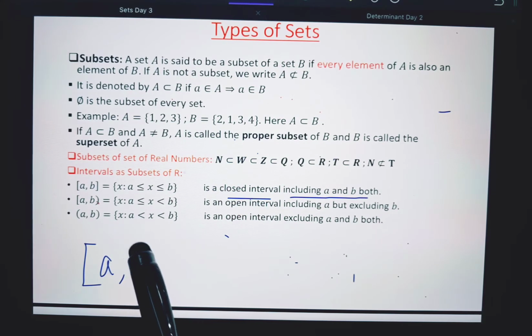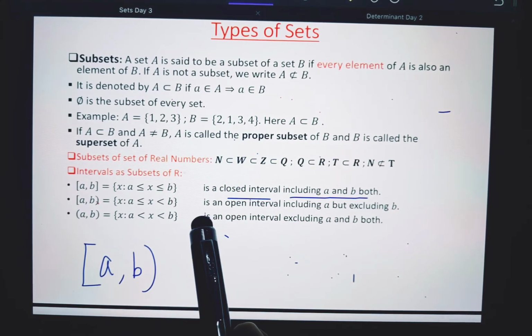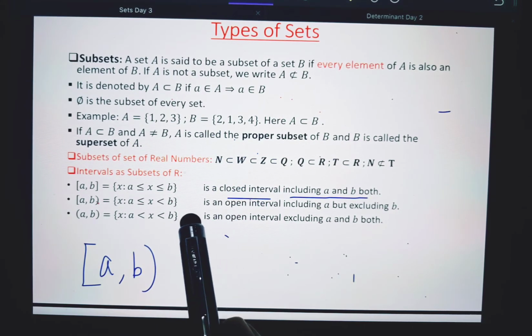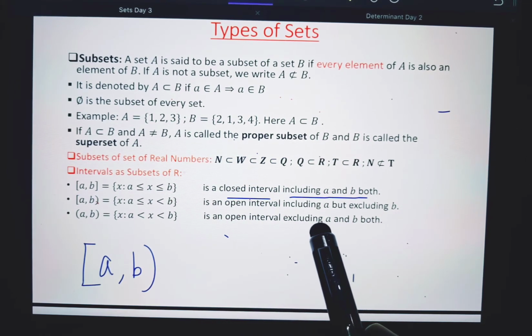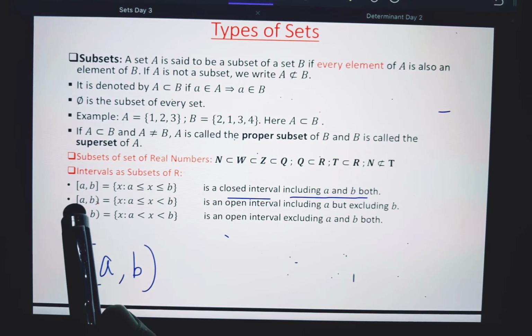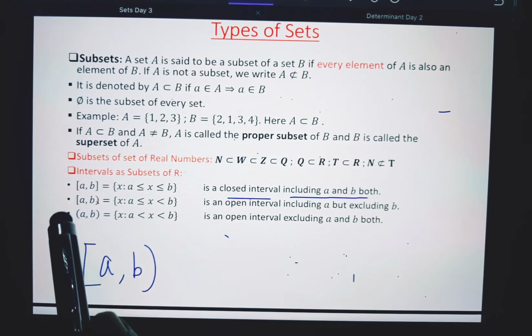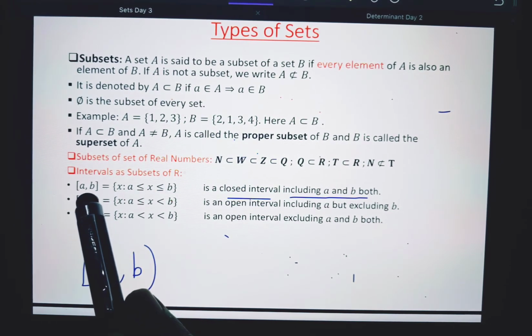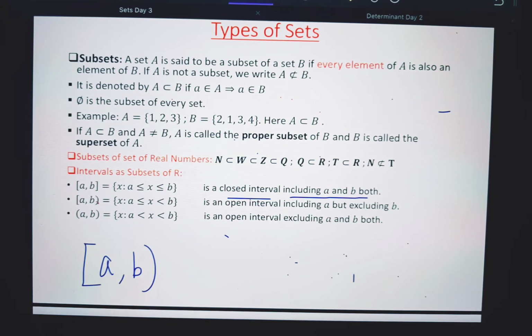Why? Because it's an open bracket here. So it means this is an interval including a but excluding b. So the gate is closed on the side of a but the gate is open, I just kicked b outside. So there is no equal to sign, and this one will be denoted like this.